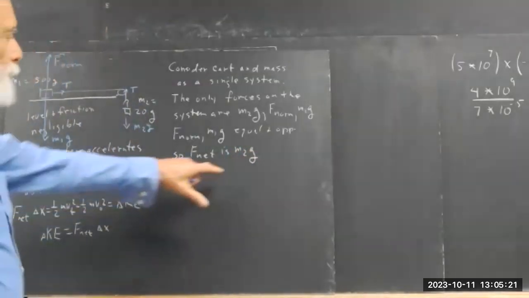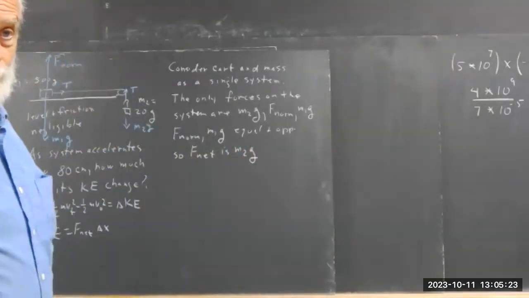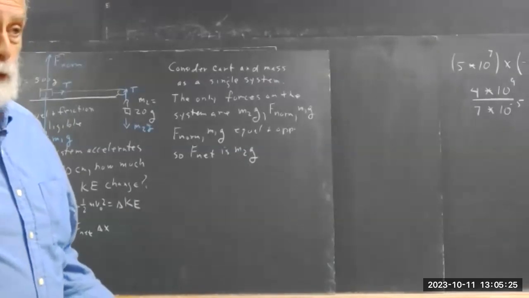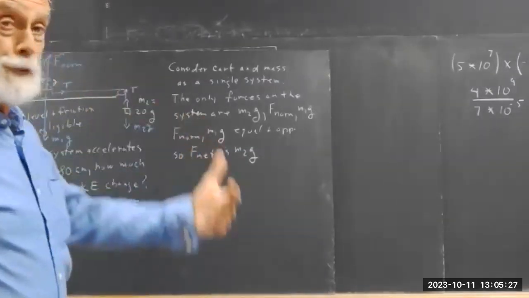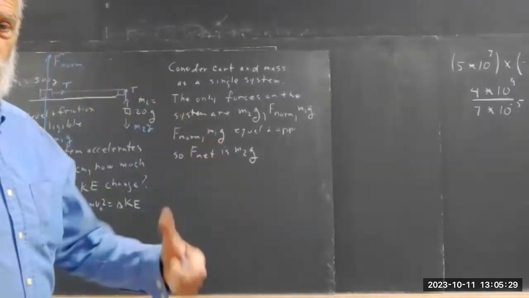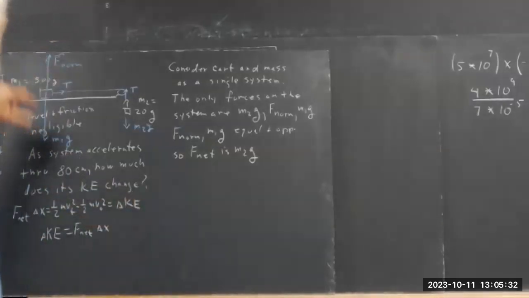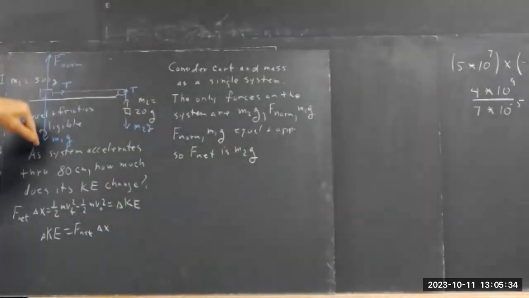Your net force is M2G. It's the only force acting on the two mass system, the only unbalanced force. All the other forces, namely the force of gravity here and the normal force here, cancel each other out.